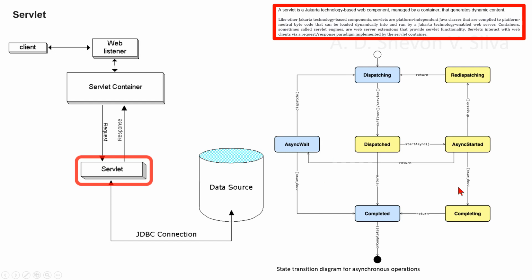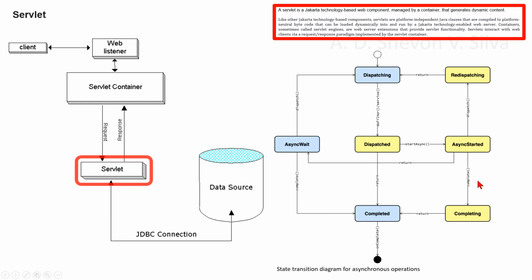And you can see the complete here, public void complete method. If request.startAsync is called, then this method must be called to complete the async processing and commit and close the response.